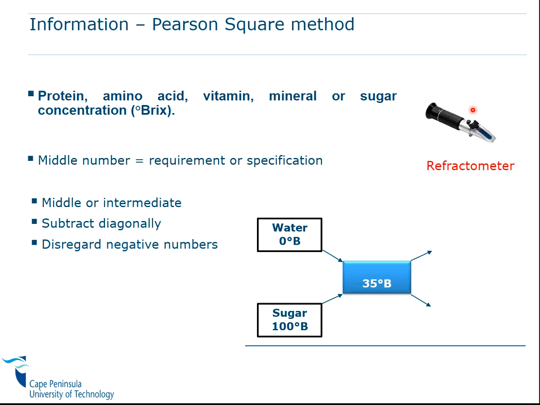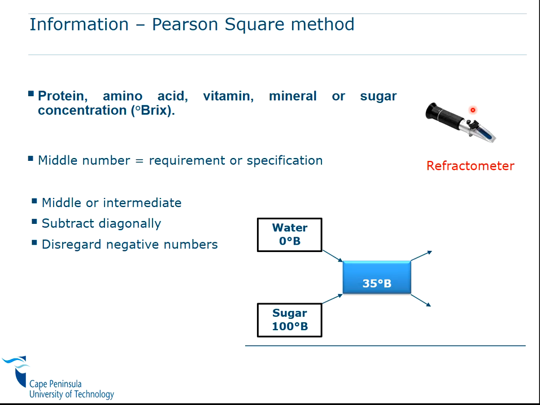Therefore, Brix is expressed on a mass basis. In other words, if you have a 35 degree Brix solution, this implies that we have a concentration of 35 grams of sucrose per 100 grams of solution.